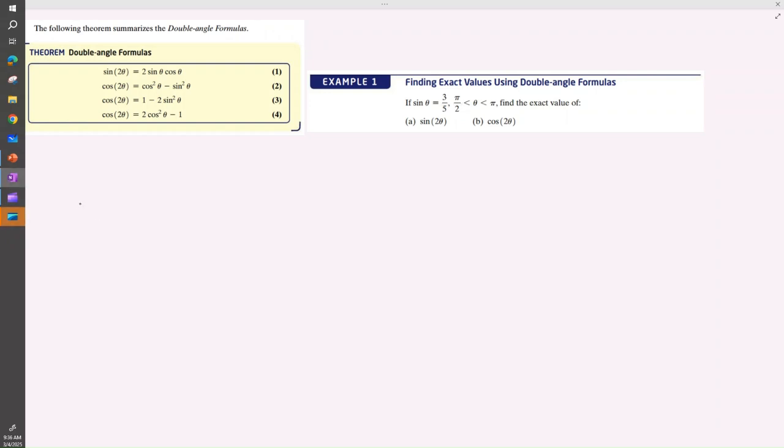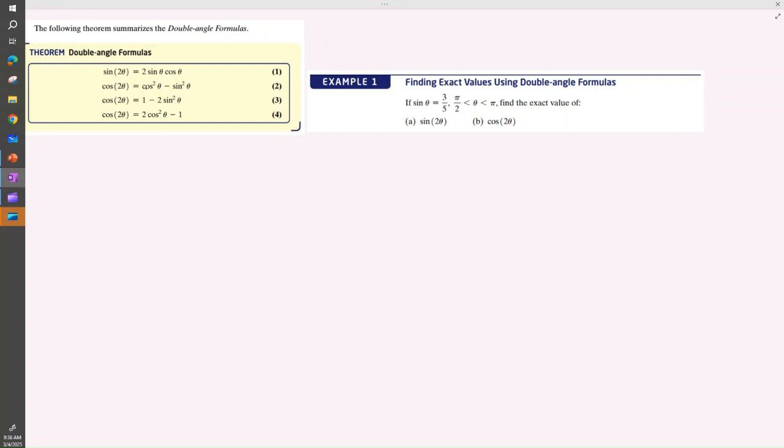Okay, so we want to take a look at some application of our new formulas here. I do want to say first, though, that there's actually more than one way to look at the cosine of 2 theta. This is the one that we showed in the last example. But if we remember that the sine squared theta plus the cosine squared theta equals 1, that was our Pythagorean identity.